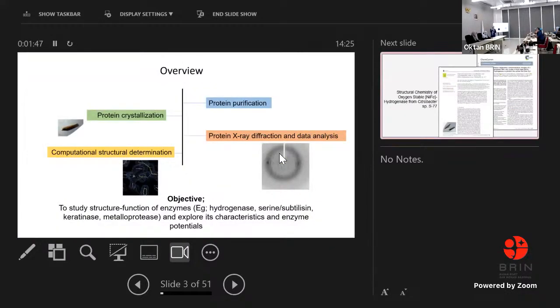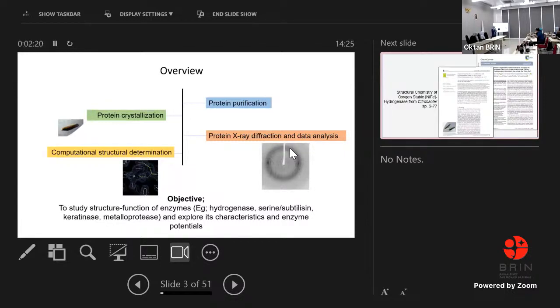So this is the overview of my presentation. In these slides, I try to introduce my expertise and the scope of the projects that I'm involved in. Basically, my expertise is in protein purification, protein crystallization, protein X-ray diffraction and data analysis, and computational structure determination. I've been working with enzymes like hydrogenase.